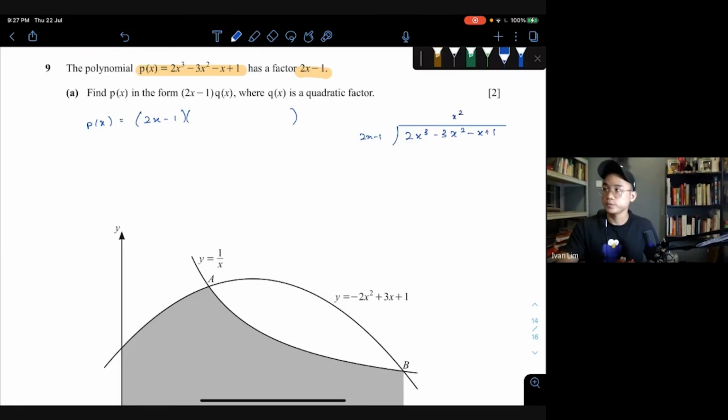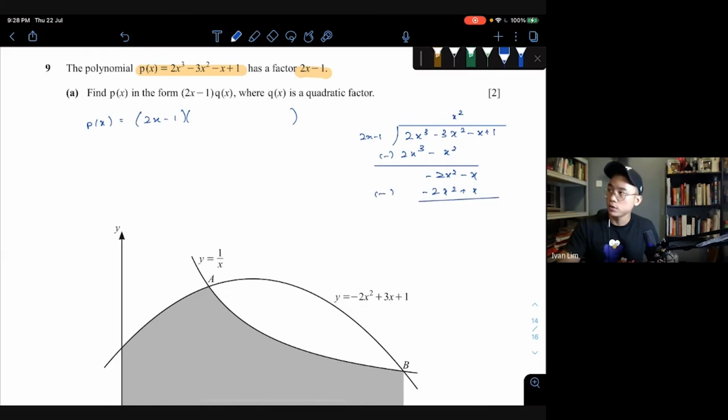x squared, 2x cubed minus x squared. Yeah, I like to put a minus sign here so that it reminds me. Minus 2x squared minus x, minus 2x squared plus x, minus it again. And here minus 2x plus 1.